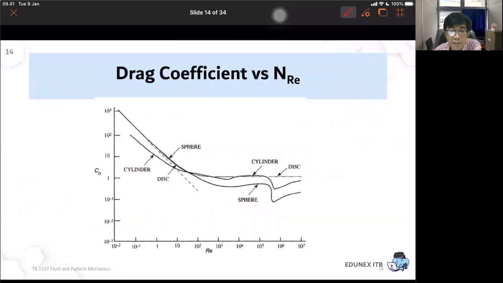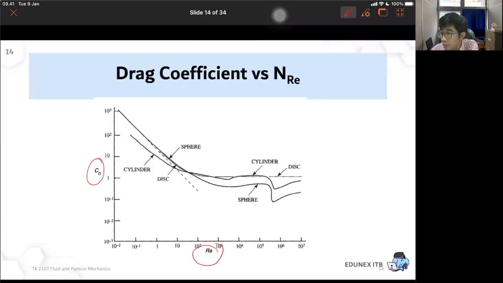But for others, you can use this type of diagram or graph. This is the drag coefficient, and this is the particle Reynolds number. For some geometry, you can see from this figure.